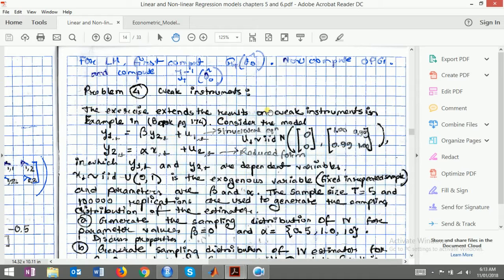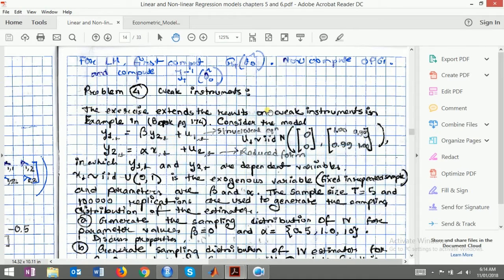Let me see if I can remember. y1 transpose x, x1 transpose x inverse, then x transpose y1, multiplied by y2 transpose x, x2 transpose x inverse, then x2 transpose y1 instead of y2. That was the instrumental variable.